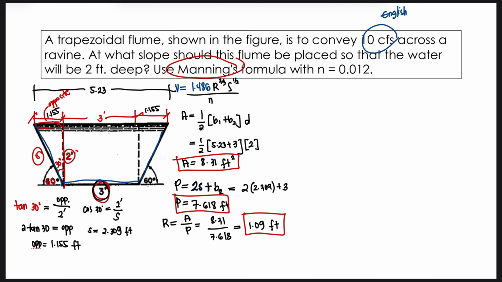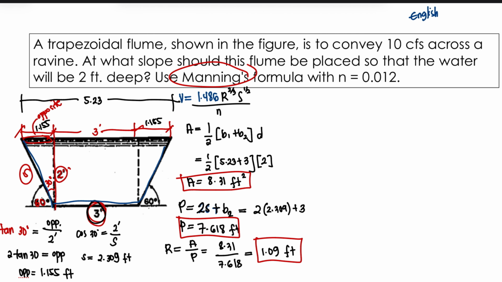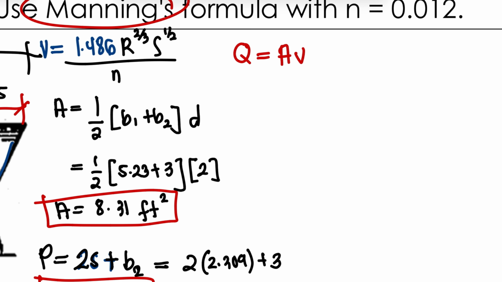Okay, so we have the A, we have the R. You can already solve for the amount of the S. But we're missing the Q. The formula is V. So, but our given is 10 cubic feet. So, we can use the Q, area times V. So, for the Q, you can add here 10. Alright.